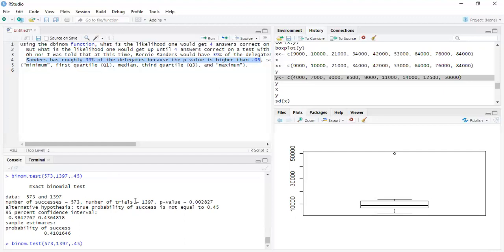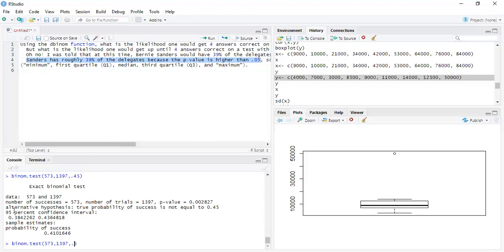So it's giving us that kind of range, but this is a test to what extent to say 573 delegates out of 1,397 delegates are 39%. And as we test it, we are saying that that's correct.